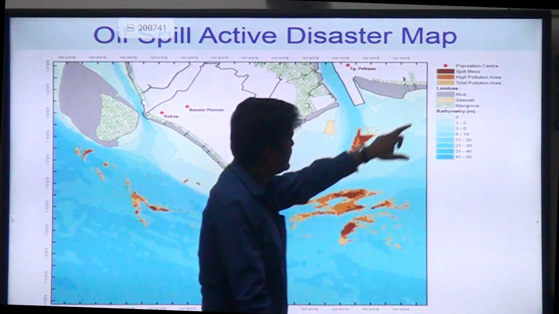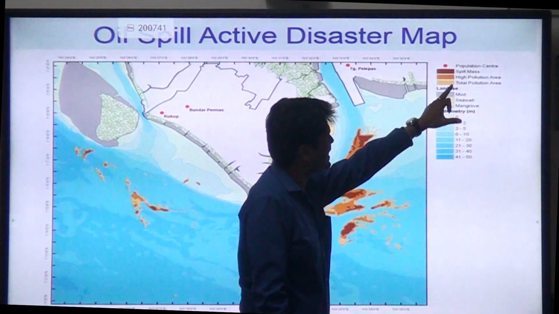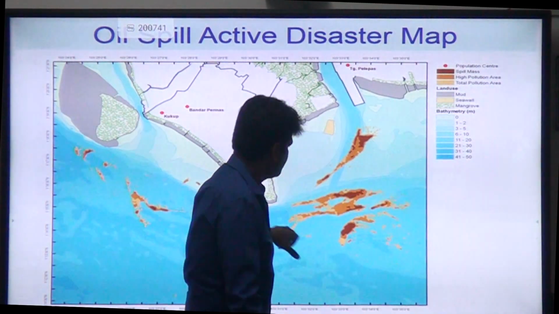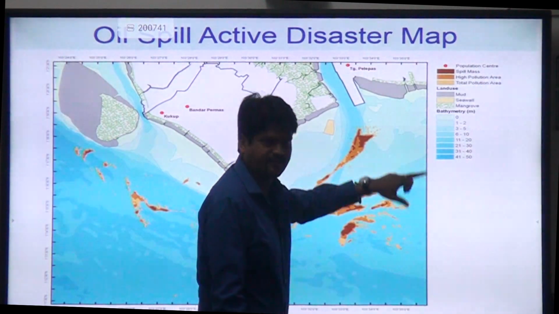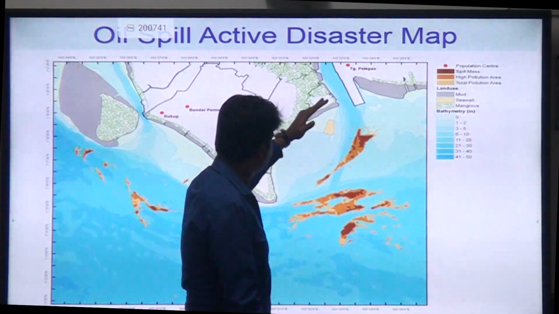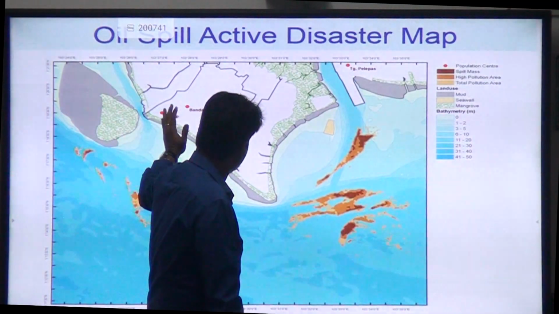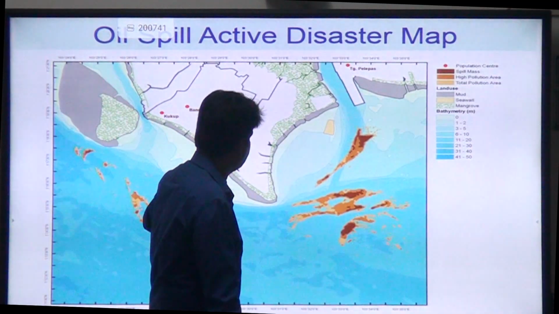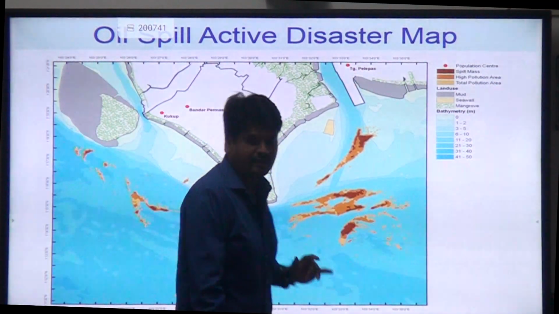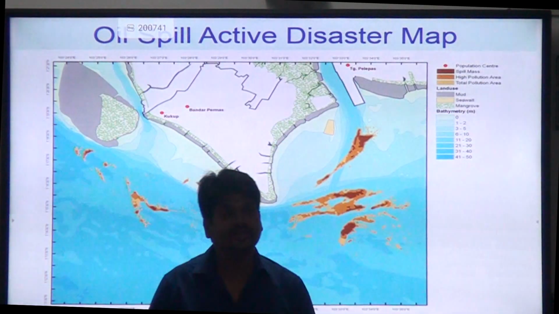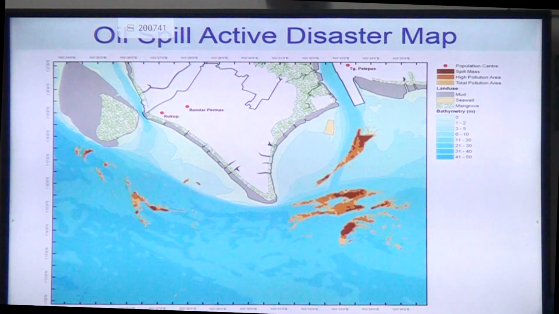So we classify it into three: spill mass, high pollution area, and total pollution, where the total pollution area is the entire extent. Then we provided other coastal information like land use, mangrove, and the altimetry, so that it is easy to understand.